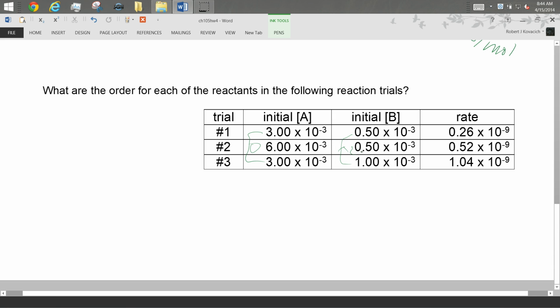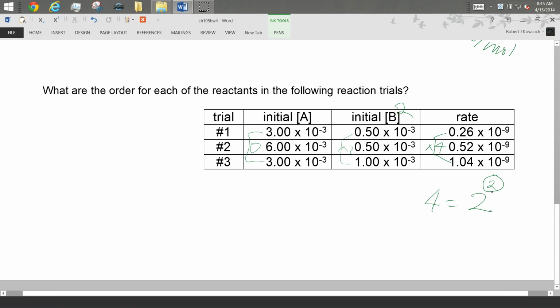So it doubles with respect to B, and then what happens to the rate? The rate goes up by 4, right? So what order must it be with respect to B? 2. So my rate goes up by 4, but my concentration only goes up by 2, so the number that goes right here is a 2. So that's why it's second order.